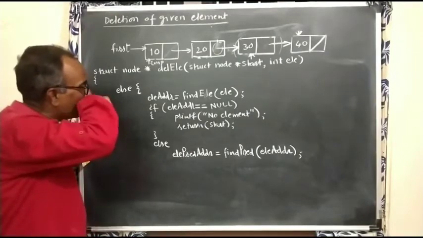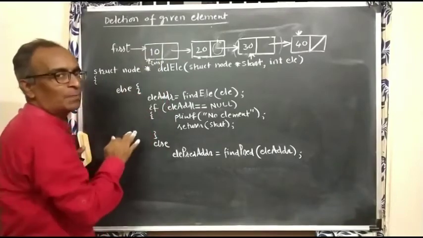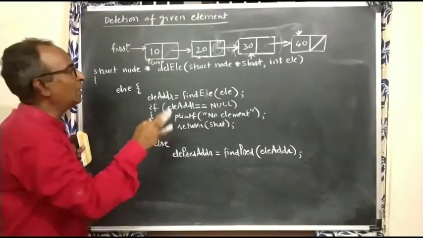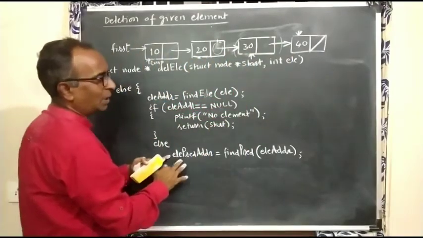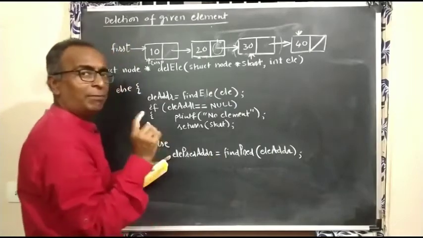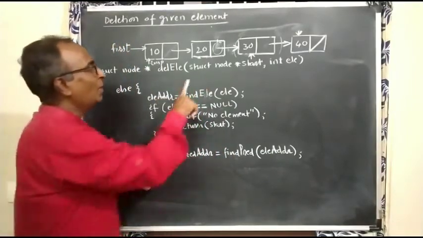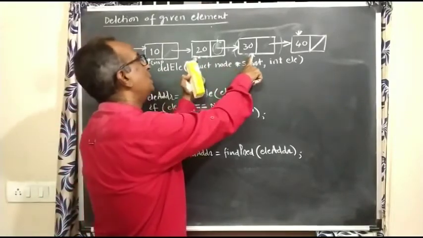Now you have tackled all the cases, first node also. So for all the elements you want to delete now, for 20, 30, 40, control comes here, and for every node it will definitely have some predecessor node's address. For deletion of 20, the predecessor is this. For deletion of 30, the predecessor is this.